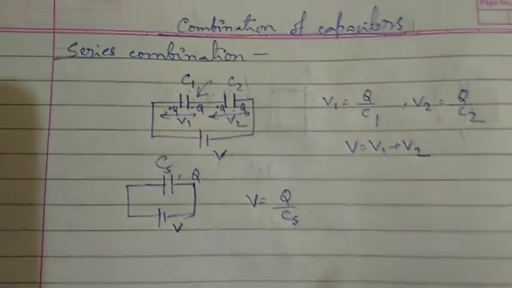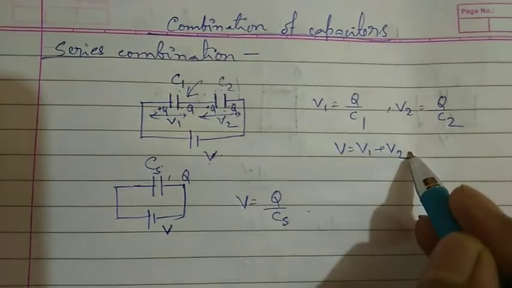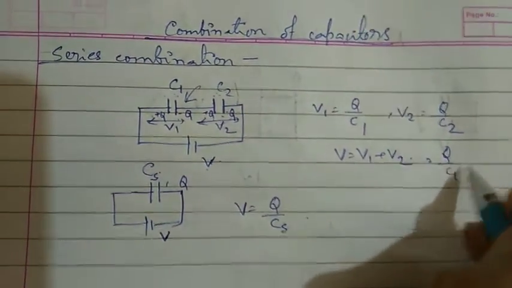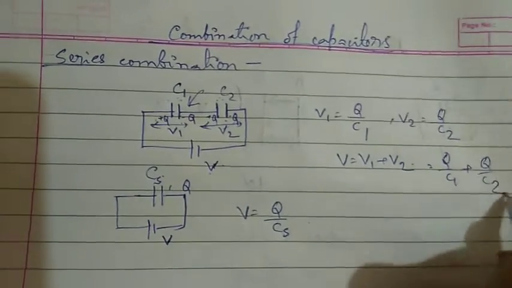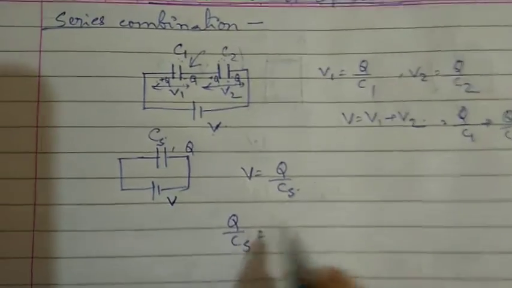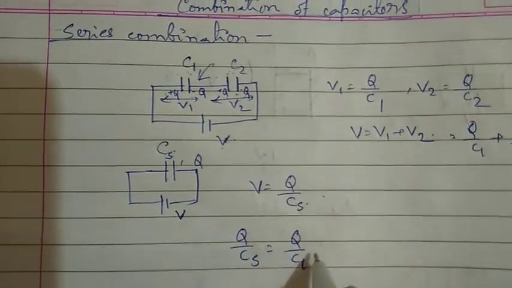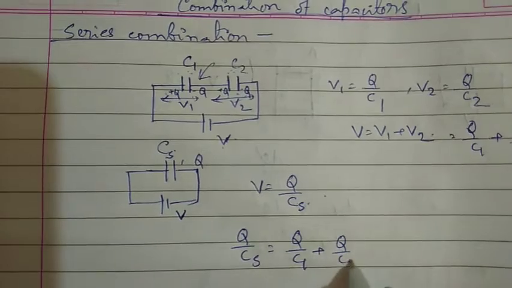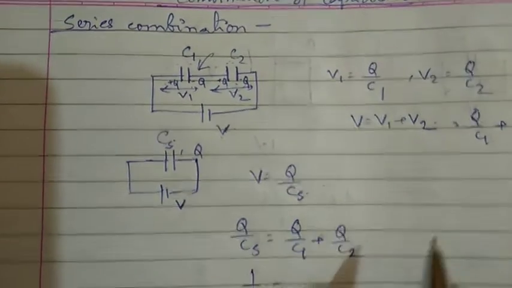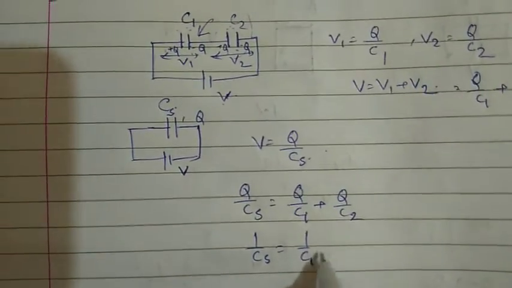So comparing these two equations, first put these values, Q by C1 plus Q by C2. So you can write Q by Cs equals Q by C1 plus Q by C2, or Q will cancel out: 1 by Cs equals 1 by C1 plus 1 by C2.